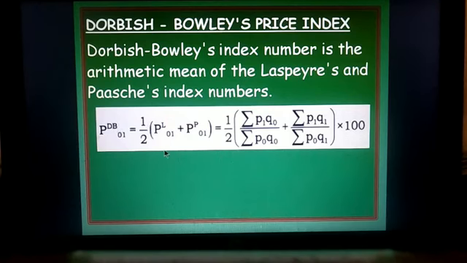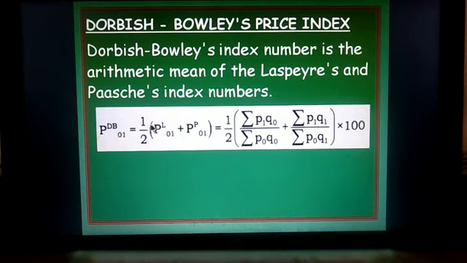This is the arithmetic mean of Laspeyres' and Paasche's. We know already the Laspeyres index number is written as P01L, plus Paasche's price index number is written as P01P. Laspeyres' price index number plus Paasche's price index number divided by 2 will be the arithmetic mean of these two.